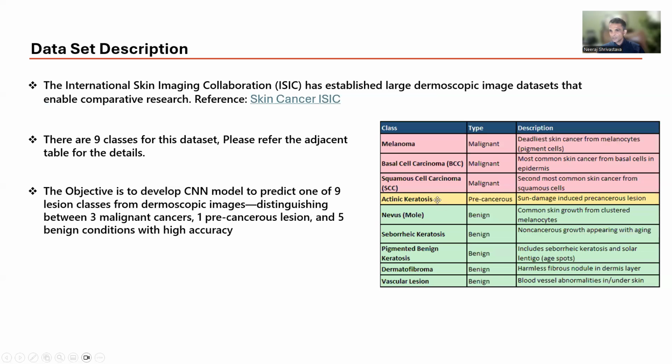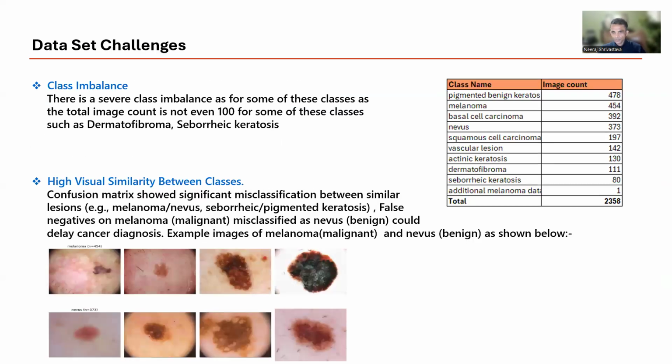The one here, actinic keratosis, is precancerous, and the rest are non-cancerous, but still problematic. So the objective is to build a CNN model to predict one of these 9 kinds of skin lesions, distinguishing between each of them.